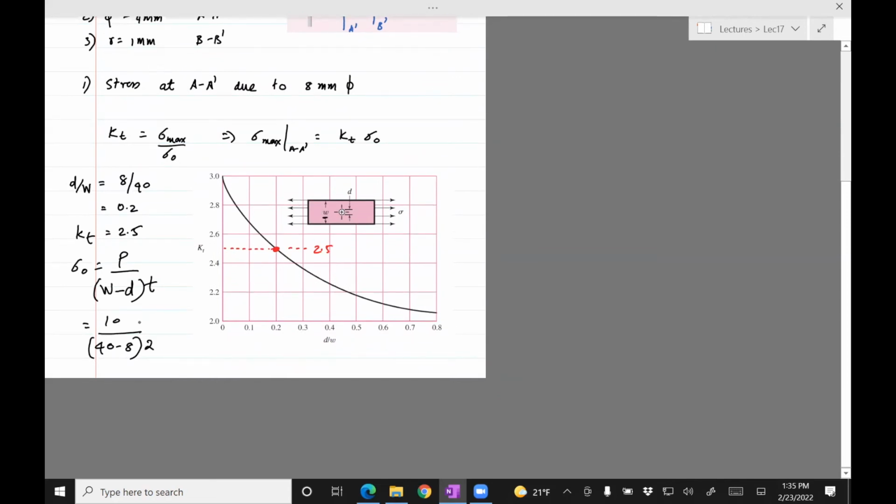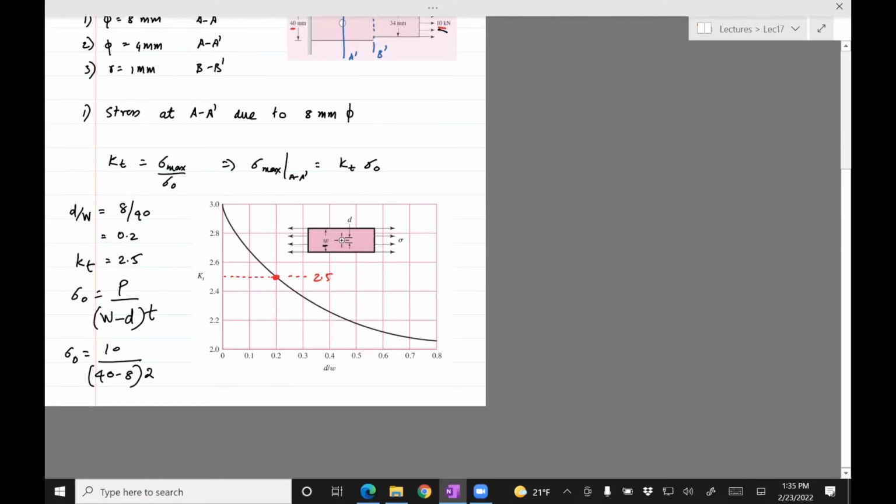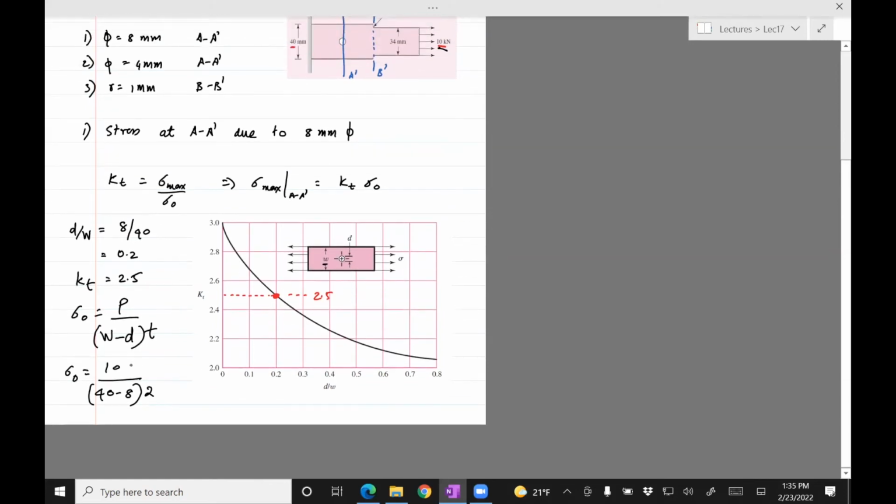And just to be safe, let's convert everything to SI units. The force is in kilonewtons, so I need to multiply that by 10 raised to 3. Everything else is in mm, and to convert mm to meters, I need to multiply by 1e negative 3. But I need to do that for W minus D, and again for T. So I need to multiply by 10 raised to negative 3 twice.